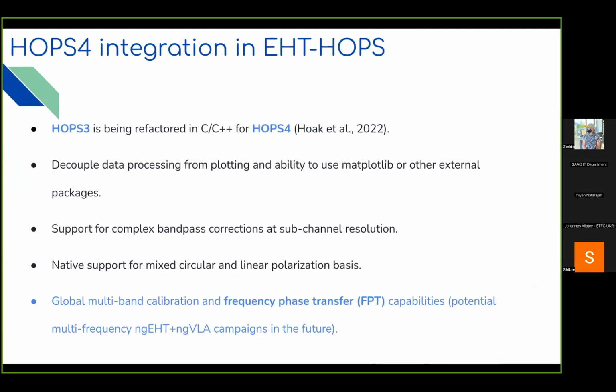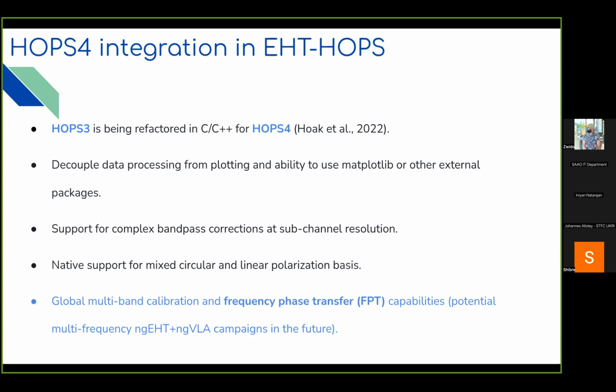And so HOPS 4 is coming out. So far, we've been using HOPS 3, and we have a lot of expectations for HOPS 4. A couple of things that I want to draw your attention to: we only talked about phase bandpass corrections, but HOPS 4 will support both phase and amplitude bandpass corrections at sub-channel resolution, not just at 58 megahertz, but even the resolution before correlation.